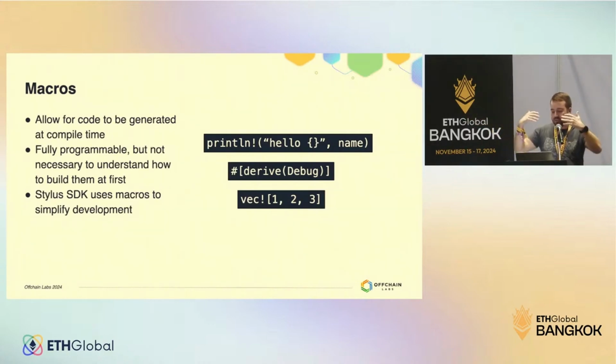A lot of times it's just to save you time from writing a lot of boilerplate that you would otherwise have to write. So macros are really powerful, really useful. If you're new to them, just note that this is what's happening, but it does take a while to fully wrap your head around macros if you're totally new to them.